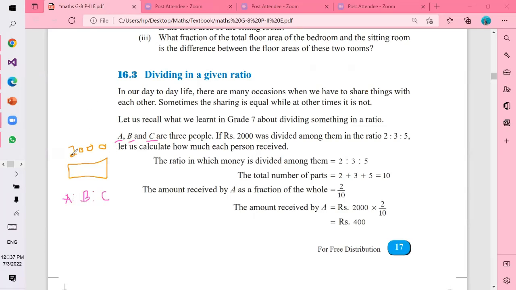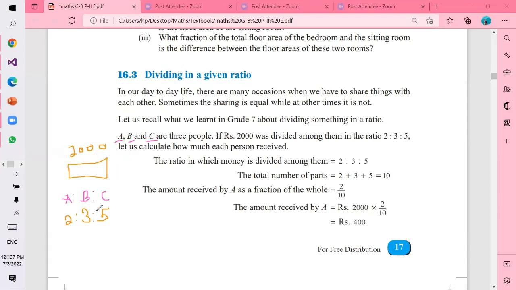So now, they can't tear the bills into pieces. They should divide this quantity among themselves. So how do we divide them? So the ratio they should receive is 2 to 3 to 5.